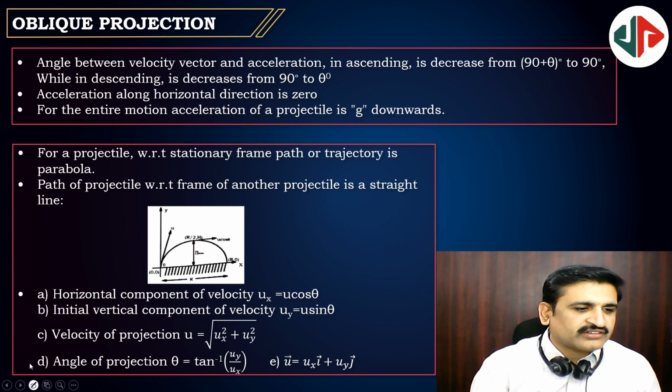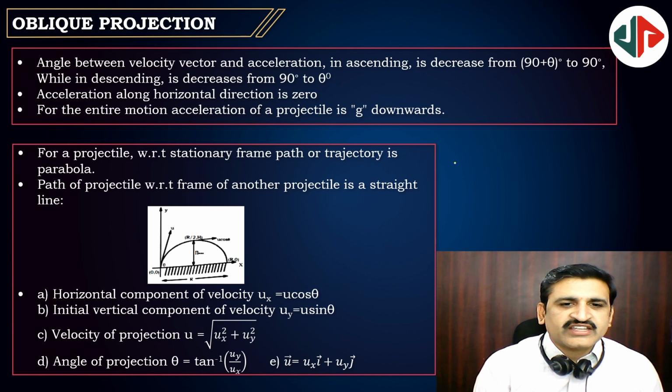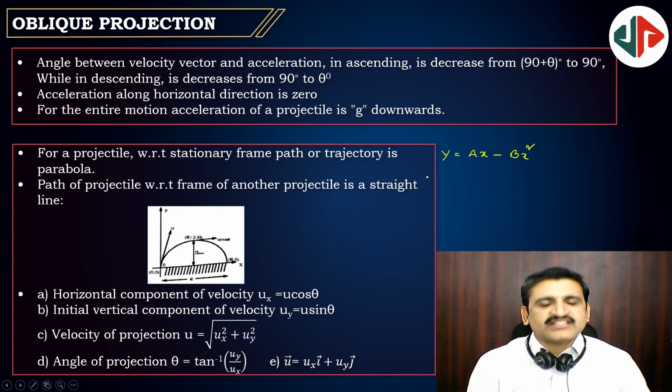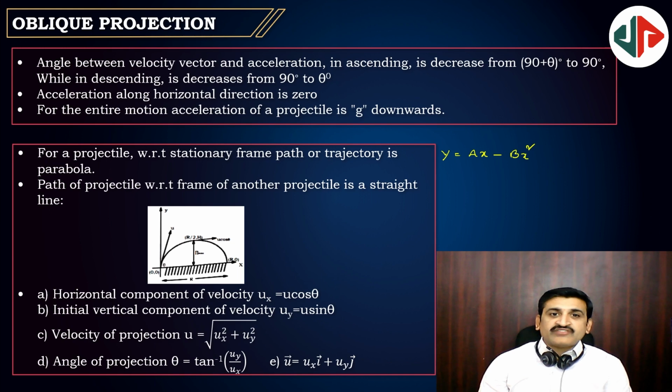That is, the equation is y equals ax minus bx square. This is the trajectory equation. Of course, y equals x tan theta minus half gx square by u square cos square theta. You too should practice. So simply speaking, y equals ax minus bx square is the trajectory equation.